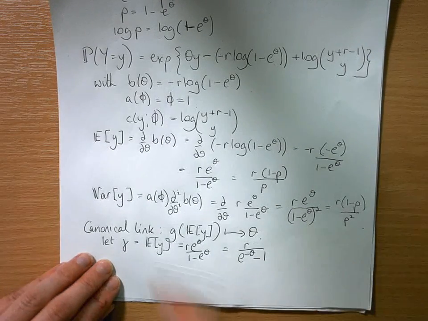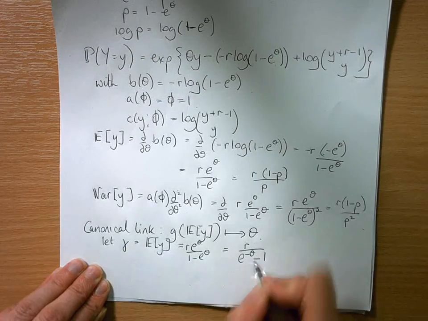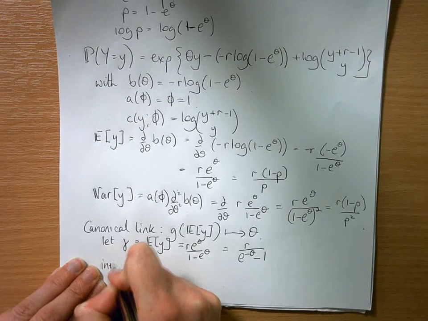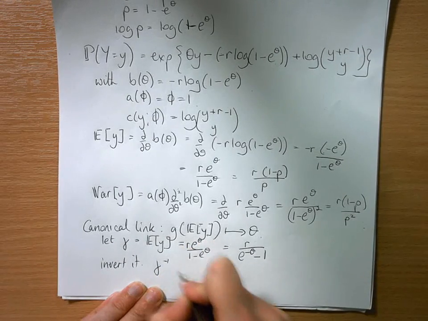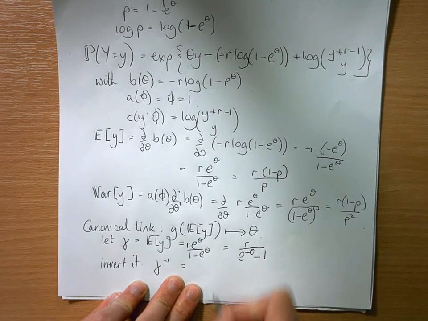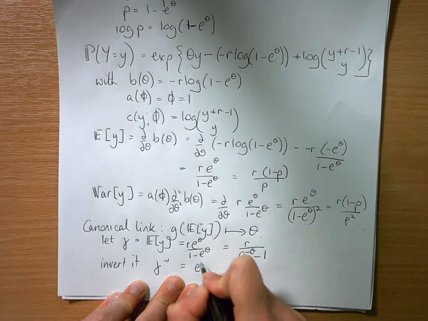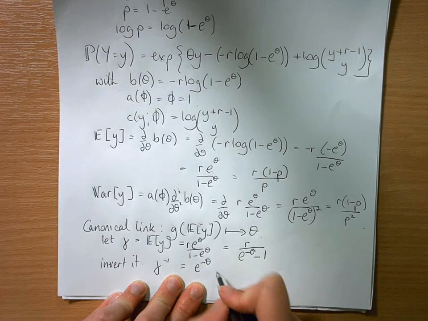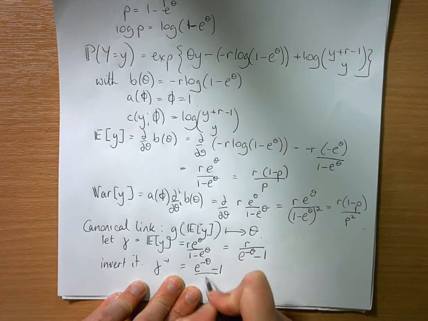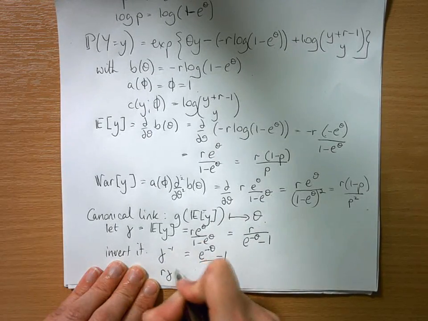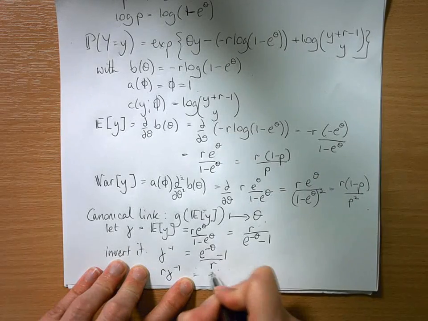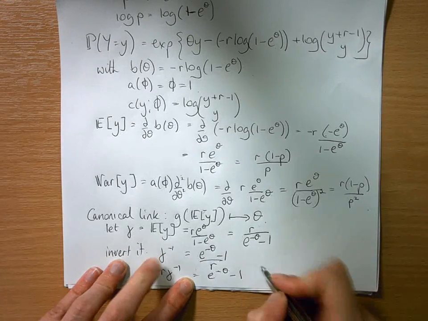So the first thing you would want to do is invert this. So you get gamma inverse is equal to (e to the minus theta minus 1) over r. We multiplied by r to get rid of this term on the bottom. So r gamma inverse is equal to e to the minus theta minus 1.